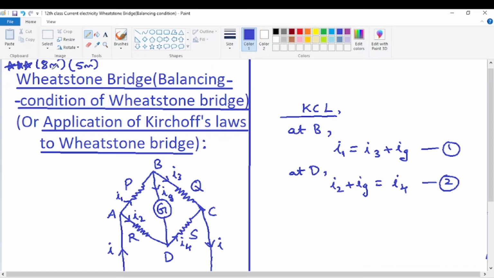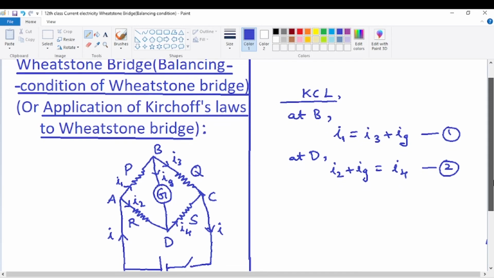Mostly, the real essay part carries 5 marks, and the remaining 3 marks will be a small problem or another small subtopic. Wheatstone Bridge mostly carries only 5 marks within the 8. The remaining 3 marks will be a problem based on the same topic or a related topic, related to Kirchhoff's laws, Wheatstone Bridge, or the next topic, which is also somewhat similar to Wheatstone Bridge.